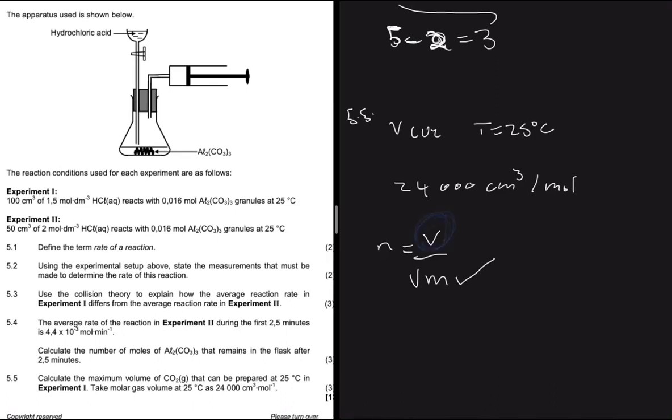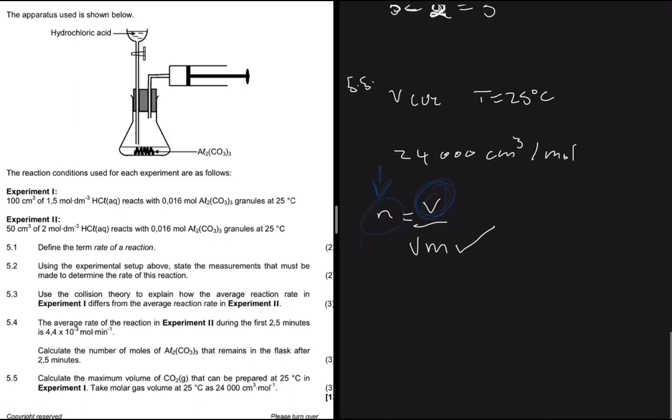So this is what we are interested in, and what we don't have is the number of moles. So if we determine the number of moles, we can then use this formula to calculate the maximum volume of CO2 that can be prepared for experiment 1.